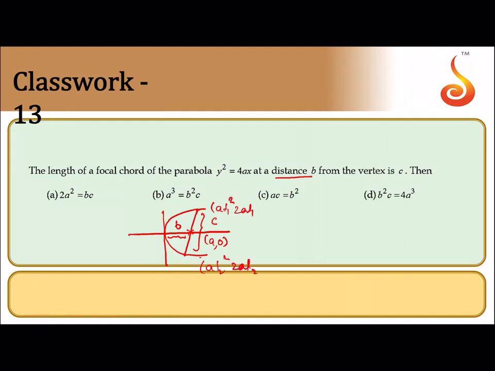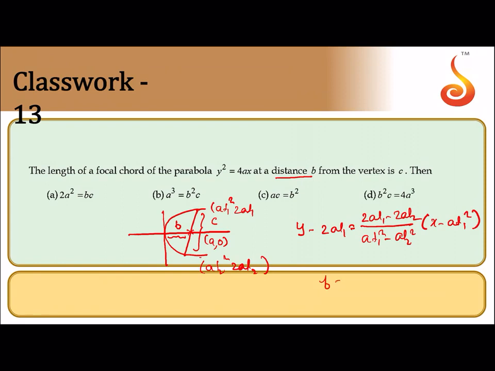You have to write the points as (at1 square, 2at1) and (at2 square, 2at2). So the focal chord is y minus 2at1 is equal to (2at1 minus 2at2) upon (at1 square minus at2 square) into (x minus at1 square).